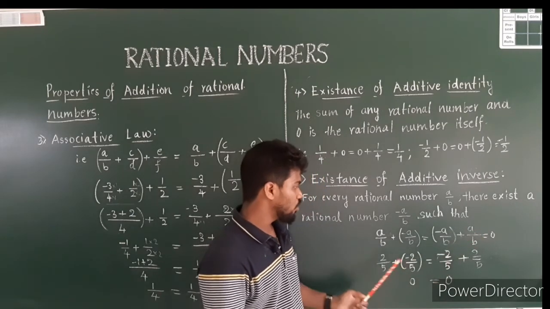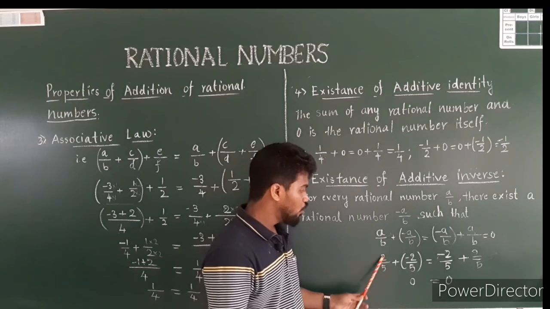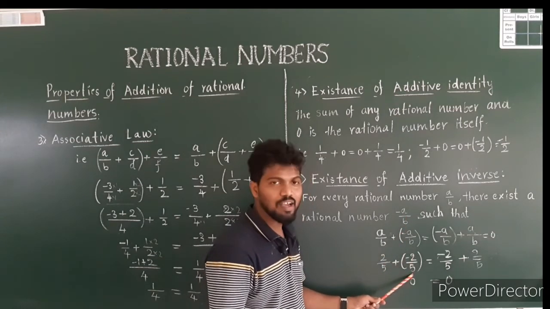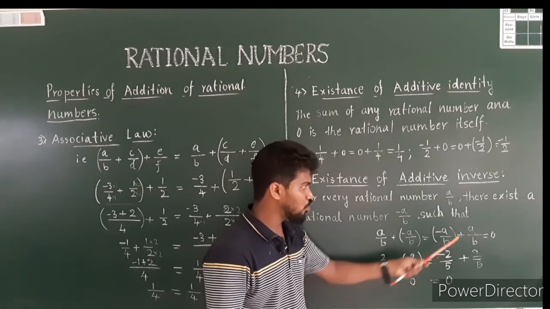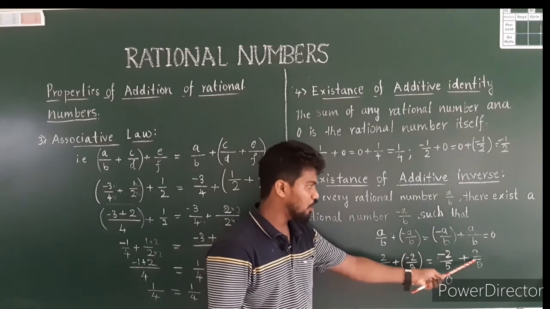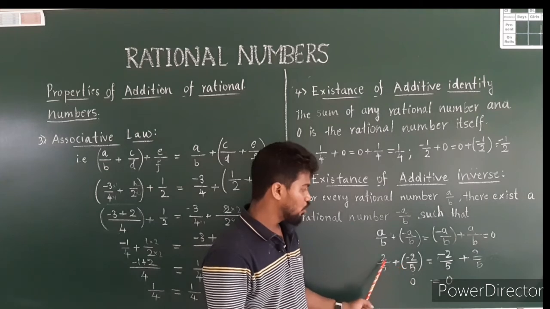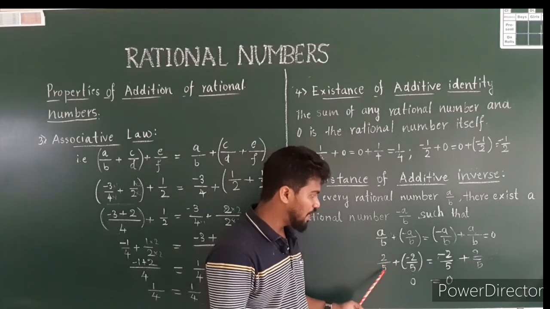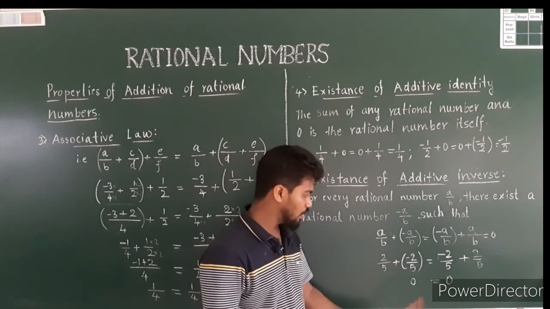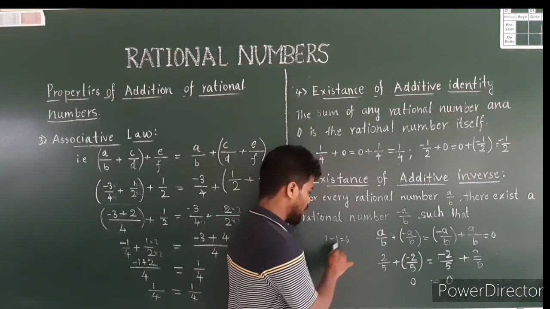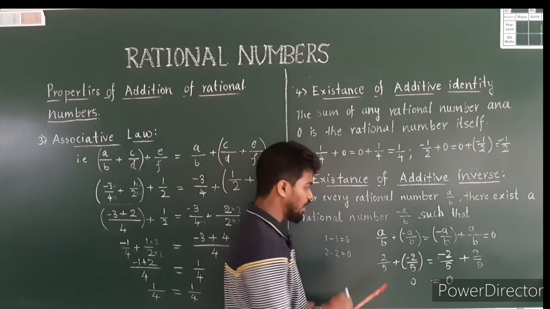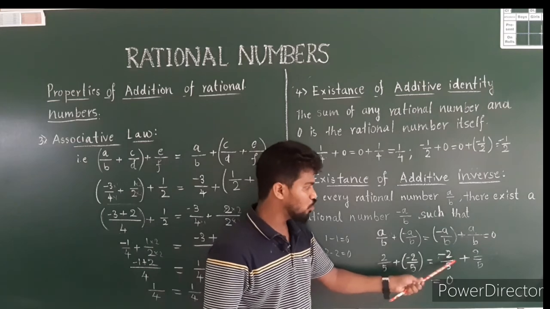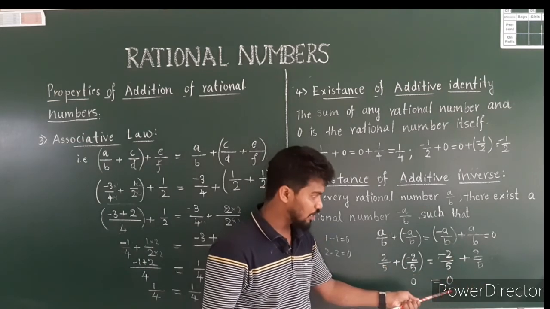Now I take an example: 2 by 5 plus, there exists one more number, minus 2 by 5. So 2 by 5 minus 2 by 5, you get 0. That means 1 minus 1 is 0, 2 minus 2 you get 0. Similarly, minus 2 by 5 plus 2 by 5 is also 0.